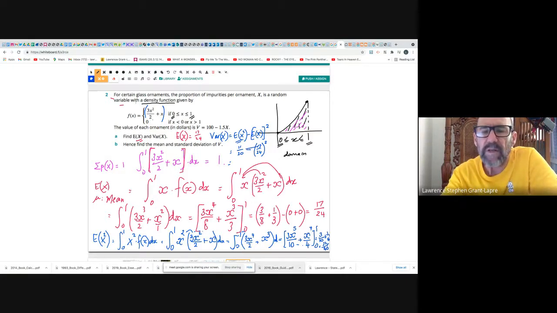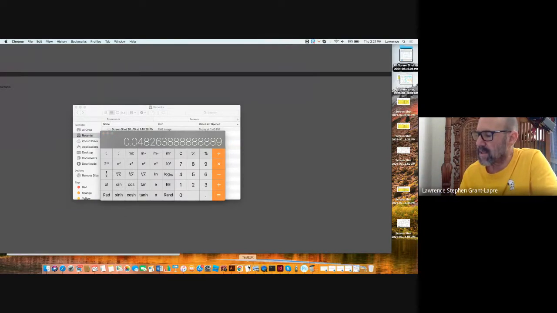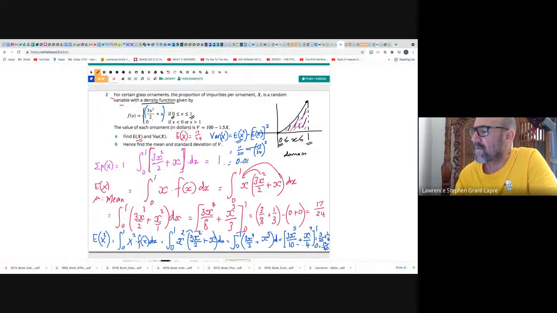It's going to be in decimals, that's all right. 11 divided by 20 minus, let's go 17 divided by 24, close the bracket, square that, and that equals, that's your variance, 0.04826, dot, dot, dot, because it's irrational.